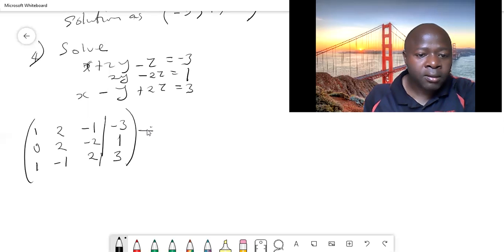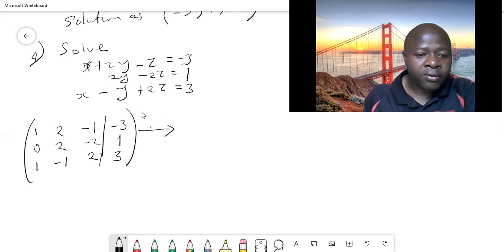We need a 0 in this position, as luckily we already have a 0 in the other position. So what we want is a 0 in this position, and we're using the elements here.